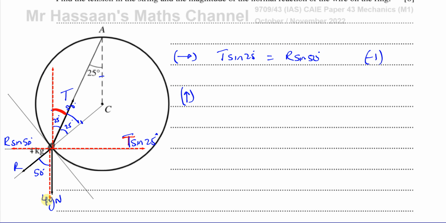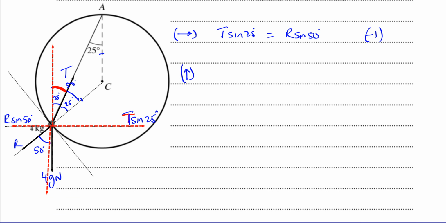So I'll draw that down here like this and just extend my page a bit. Okay, so I have here the vertical component of the tension is going to be T times cosine 25 because it's going into the angle. And for this force R, this is going to be R times cosine 50 because it's going into the angle. It's like you're looking at the adjacent side.